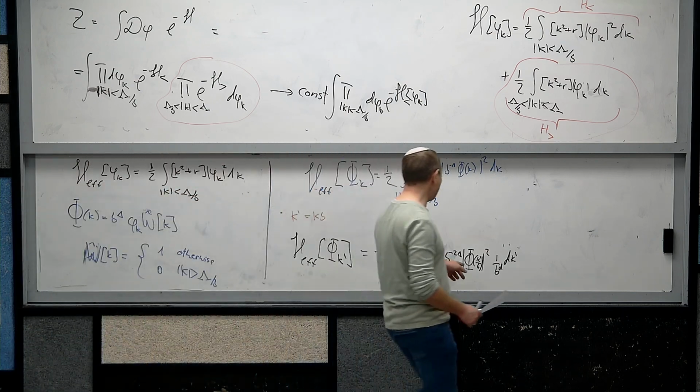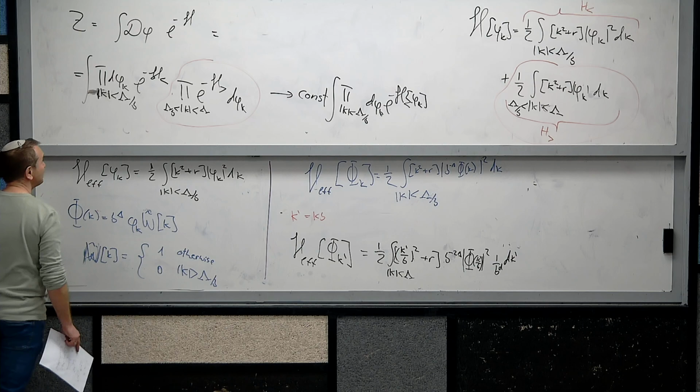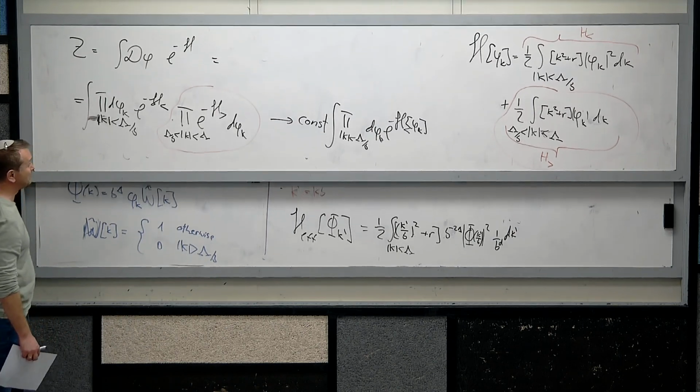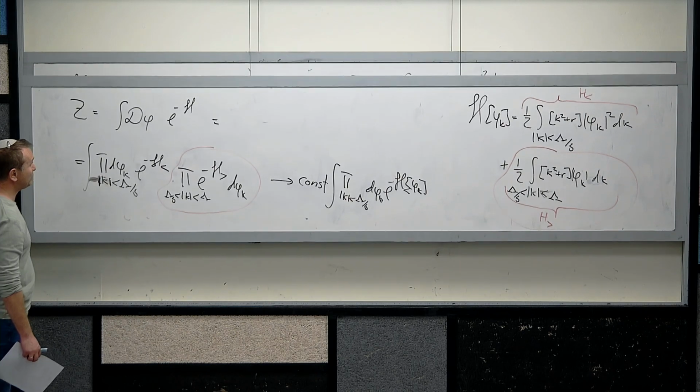So I want to replace this phi of k prime divided by b by doing the following trick.